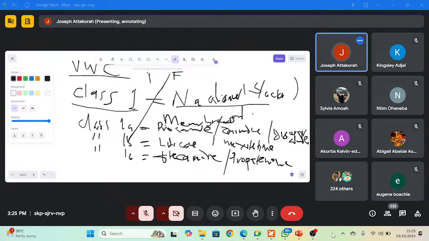What does it mean? Some of the references will be using this term, fast kinetics. If I say class 1B has fast kinetics, what does it mean?